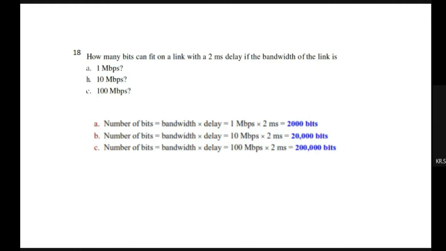The number of bits equals bandwidth times delay. Here the bandwidth is given as 1 Mbps and the delay is 2 ms. The final number of bits is 2000. For 10 Mbps it is 20,000 and for 100 Mbps it is 2 lakh bits. So this is the number of bits calculated based on the bandwidth and the delay.